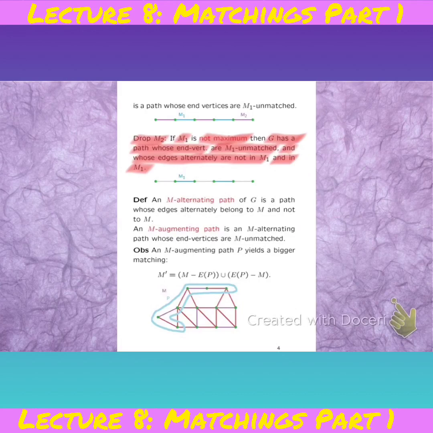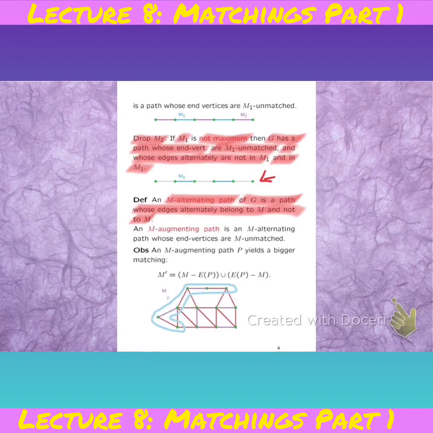Now, this brings us to the definition of an M alternating path. An M alternating path of G is a path whose edges alternately belong to M and not to M. Again, this previous example was an example where the edges alternated between being in M1 and not being in M1.